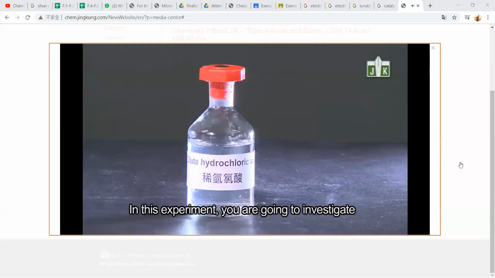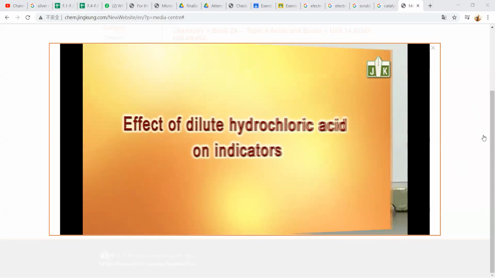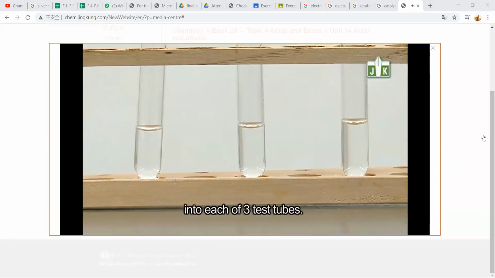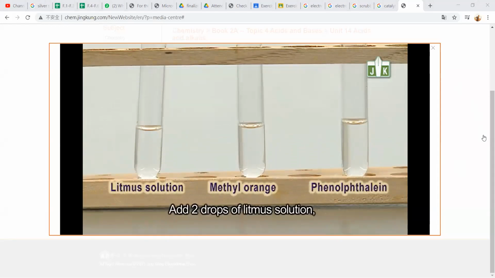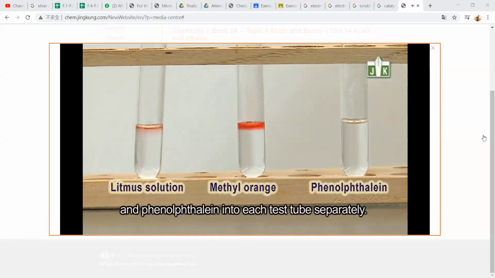In this experiment, you are going to investigate the properties of dilute hydrochloric acid. Pour 4 cubic centimeters of dilute hydrochloric acid into each of 3 test tubes. Add 2 drops of litmus solution, methyl orange and phenolphthalein into each test tube separately.